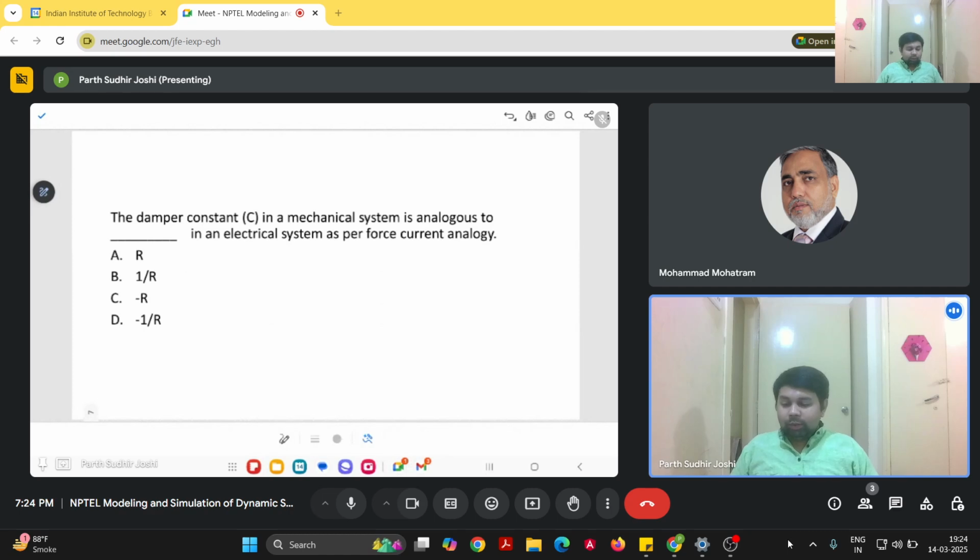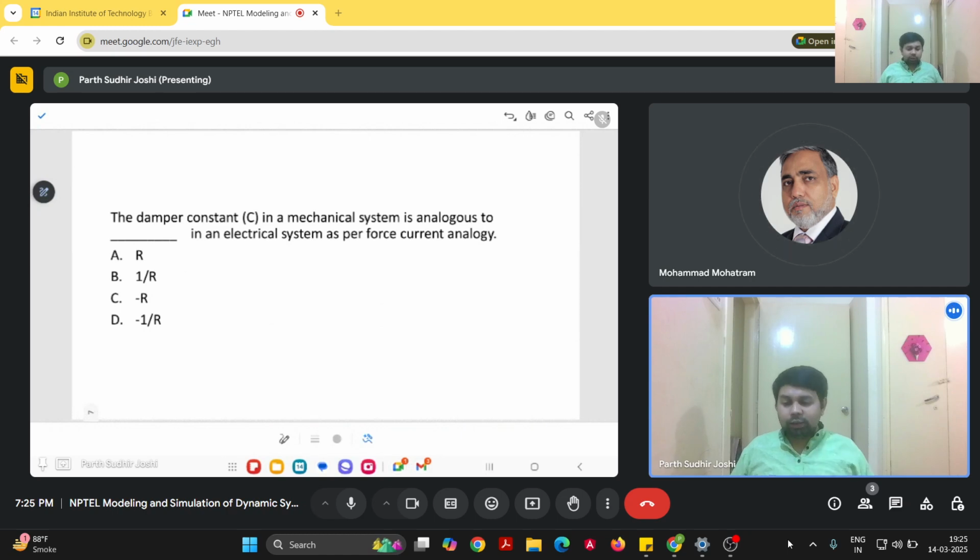The next question is a multiple choice question. As I just mentioned, we try to establish analogies. We look at the forms of the equations for any system, and then identify which quantity is analogous to which electrical quantity.